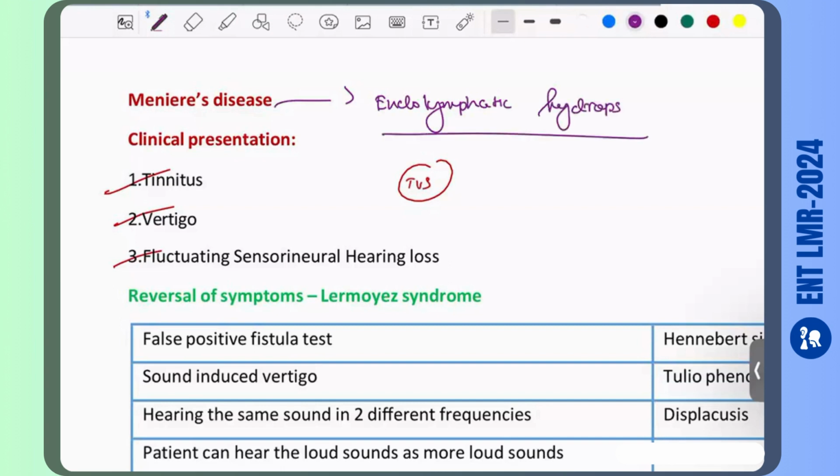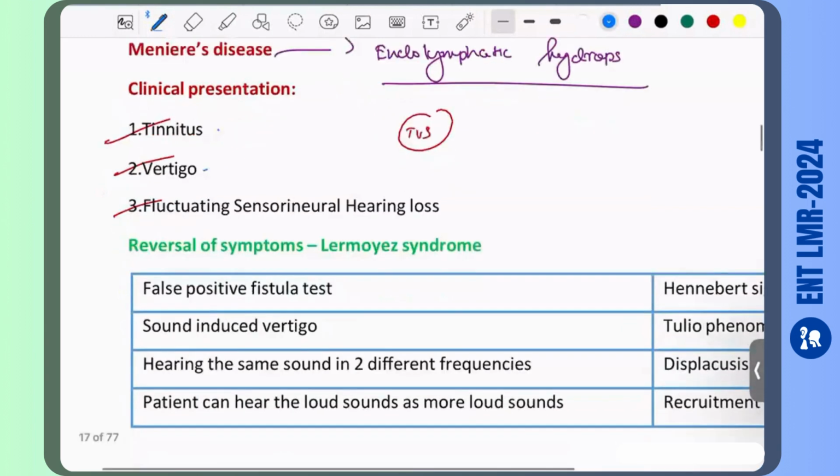The entire inner ear is getting filled with water. That fluid will compress the structures in the inner ear, and that compression will create a lot of nuisance. If the cochlea is affected, there is tinnitus and sensorineural hearing loss. If the vestibule and the semicircular canals are affected, it is called vertigo. So tinnitus, vertigo, fluctuating sensorineural hearing loss.